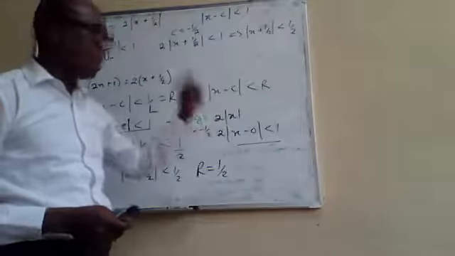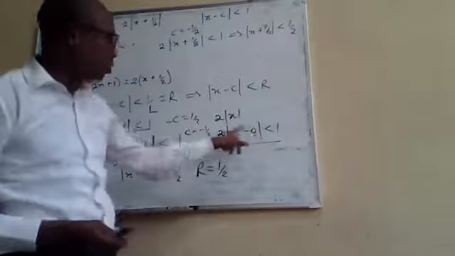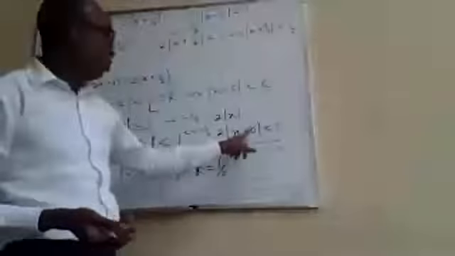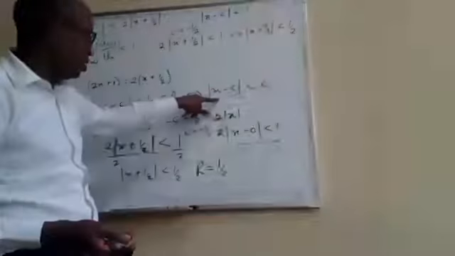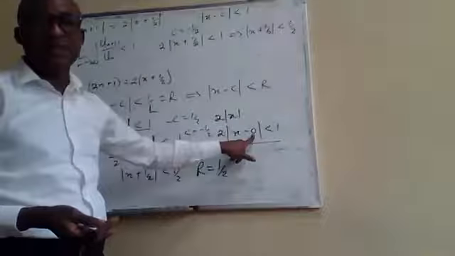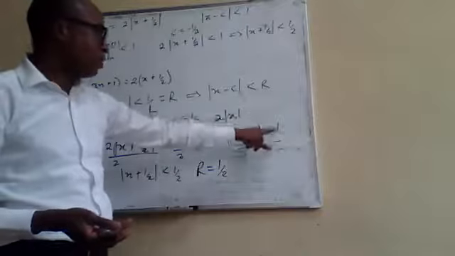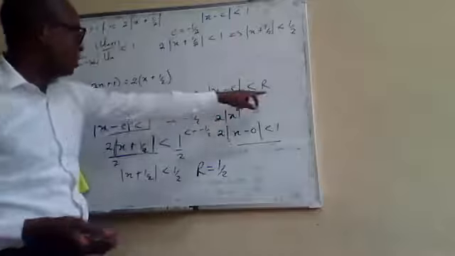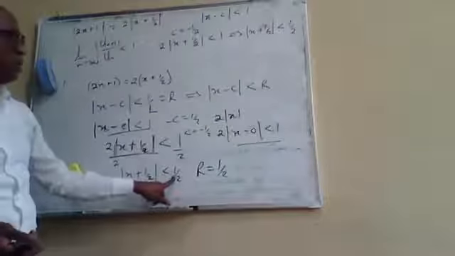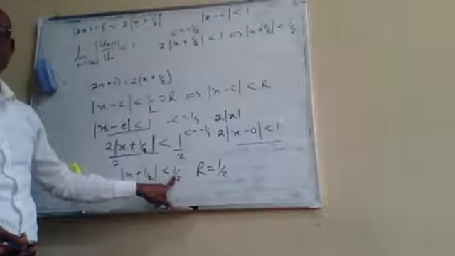For the first example, the center is 0 because this is what we obtained. This shows that the center is at the origin. So when you compare this with this, you will see that your c is 0 in this case, while your r is now half, 1 over 2.